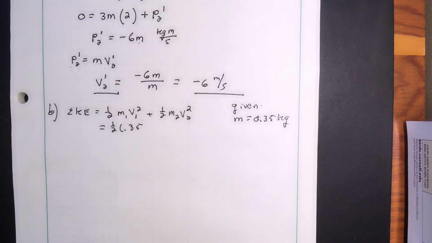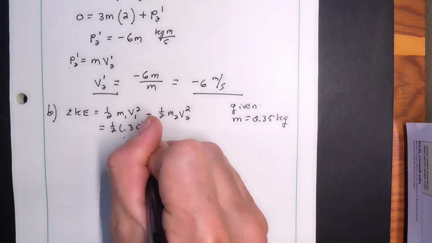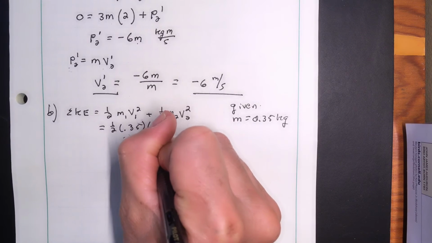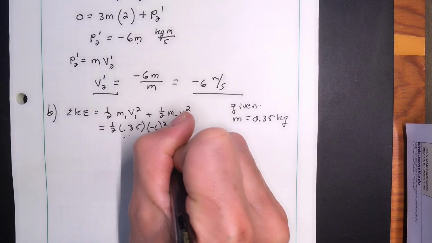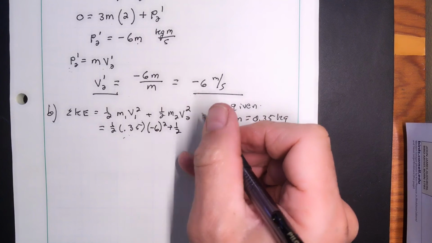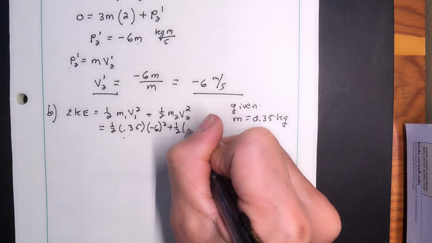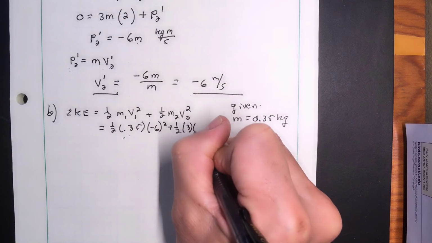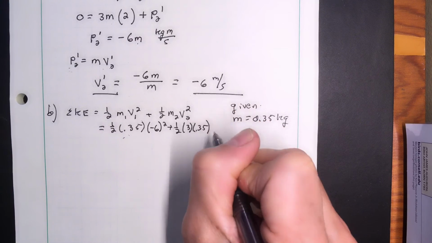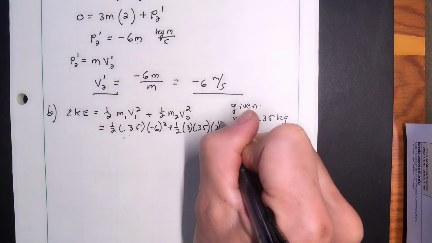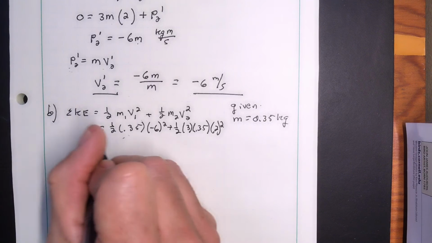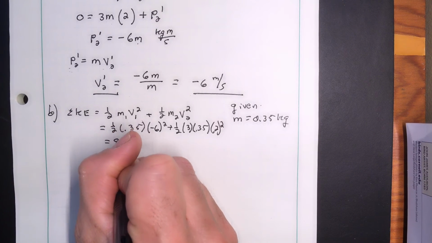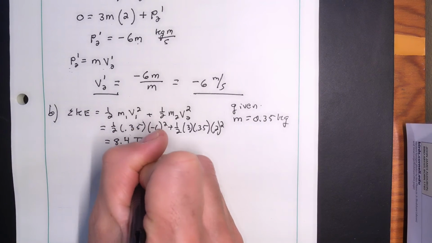Okay, so that's where this came from. Times minus 6 squared. The second one is 3 times 0.35 times 2 squared. And when you do that out, you get 8.4 joules.